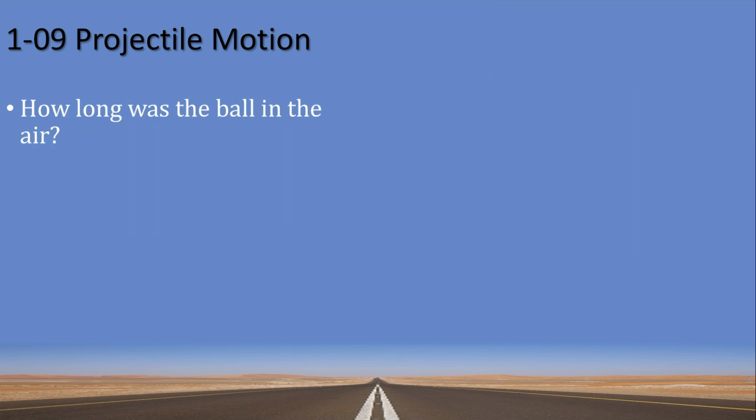So how long was the ball in the air? Let's review what we knew. The initial velocity in the x was 32 cosine 35, or about 26.2. In the y, we had the initial velocity was 32 sine 35, or about 18.4.